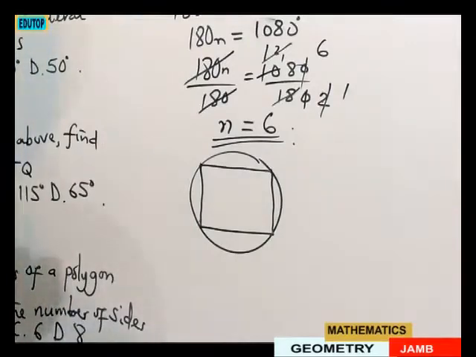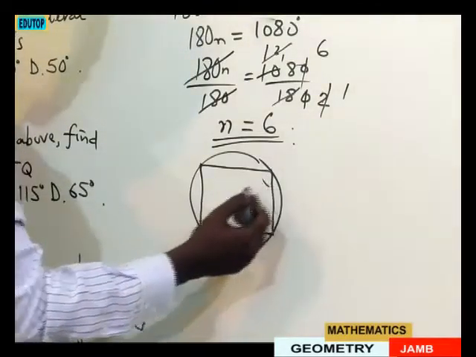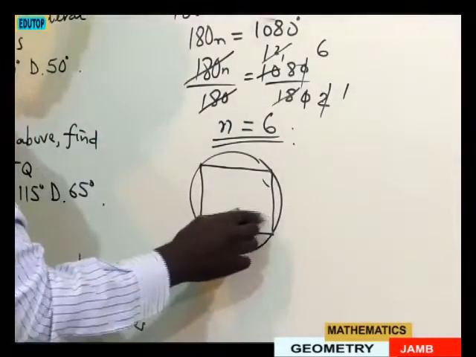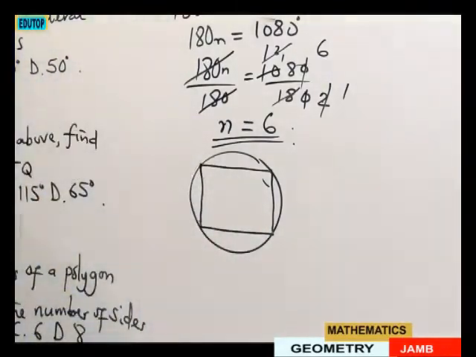So what it simply means is that this angle plus this angle must add up to 180 degrees. This angle plus this angle must add up to 180 degrees. But here the question asks us to look for angle PRQ, that's Y.